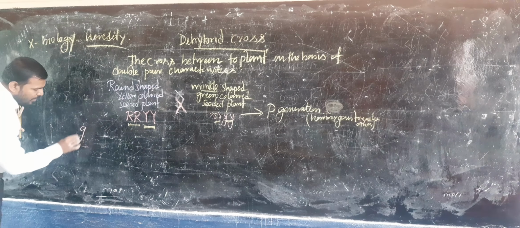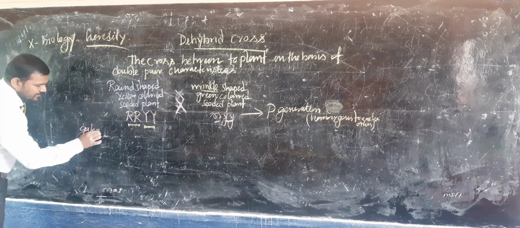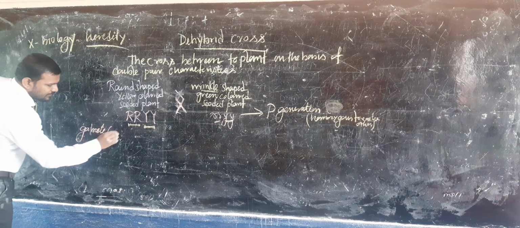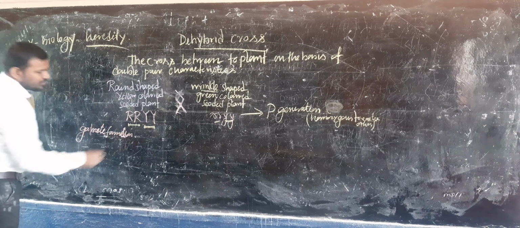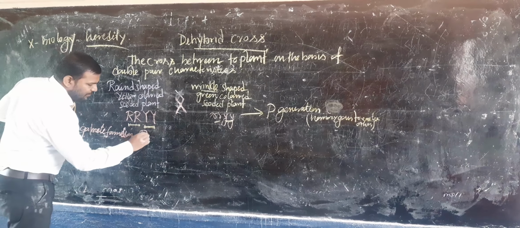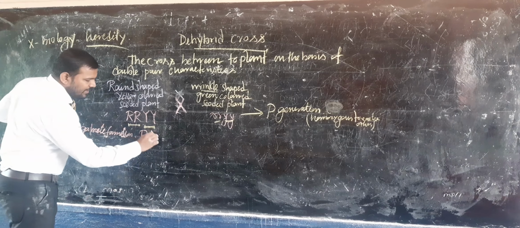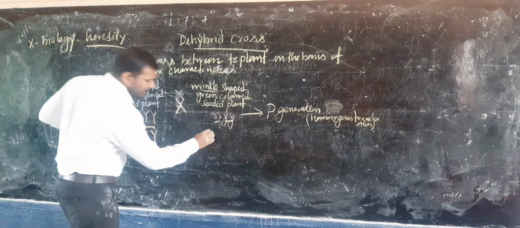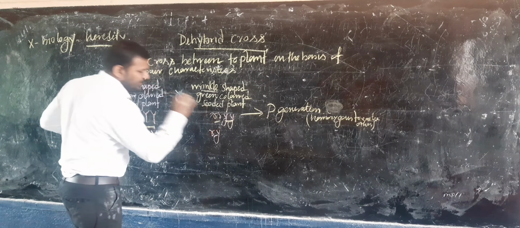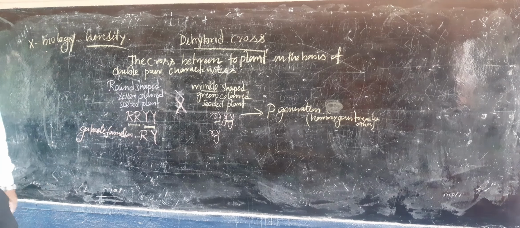So gamete formation takes place. Here capital R will come and capital Y will come, and similarly small r, small y will produce the gamete.